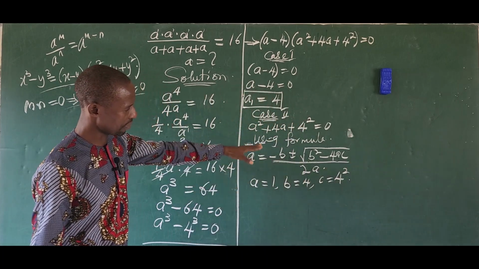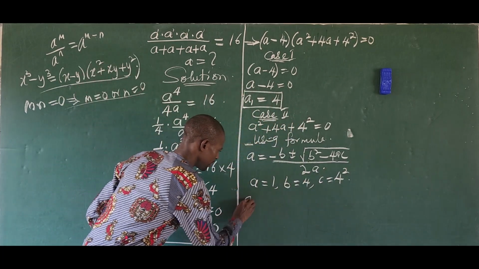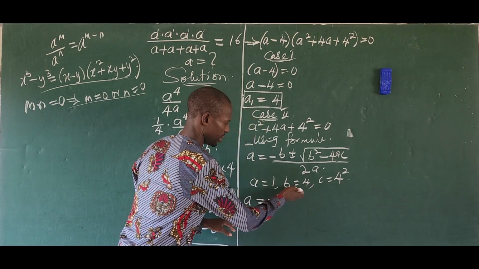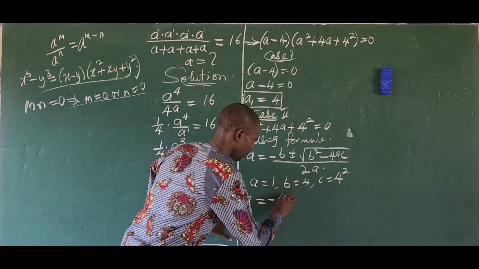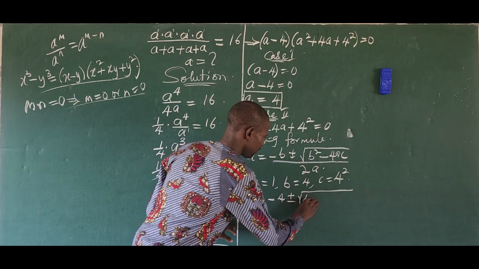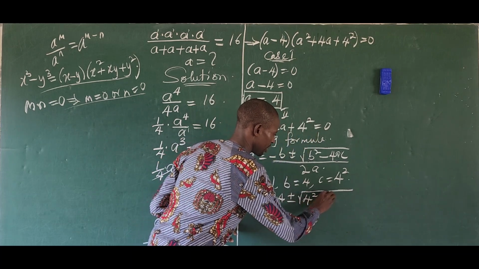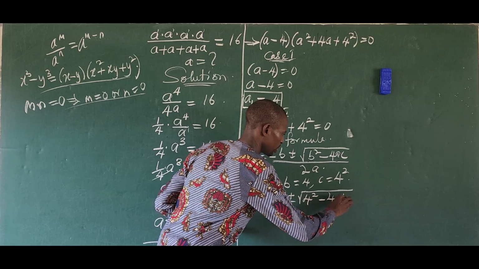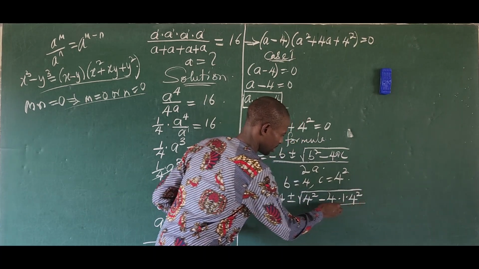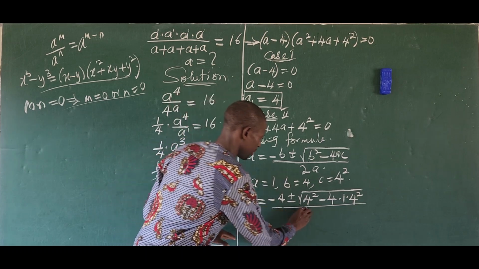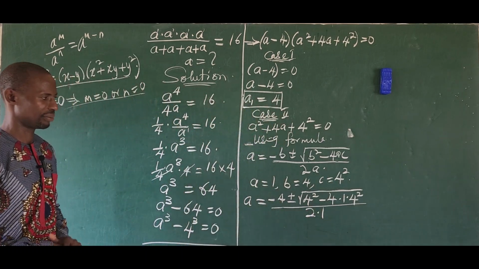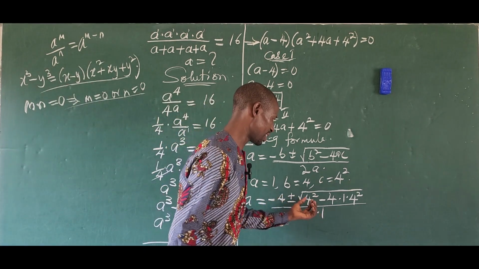We want to input this into the formula. So we have a = -4 ± √(4^2 - 4 × 1 × 4^2), all over 2 × 1. Wow, so how do we simplify this?